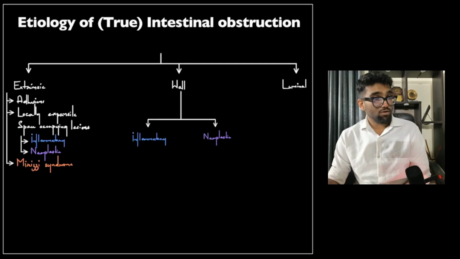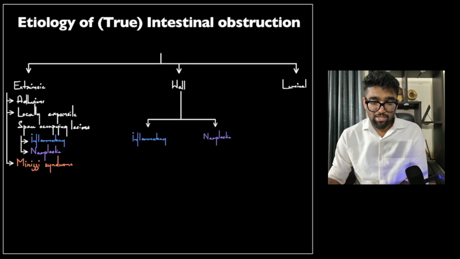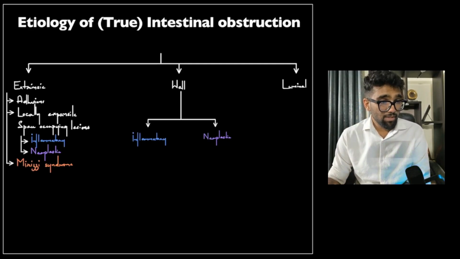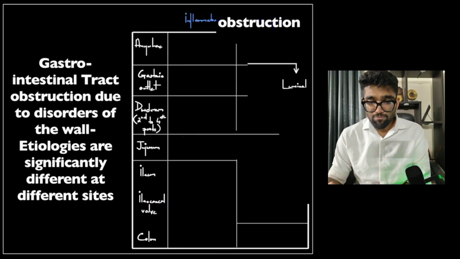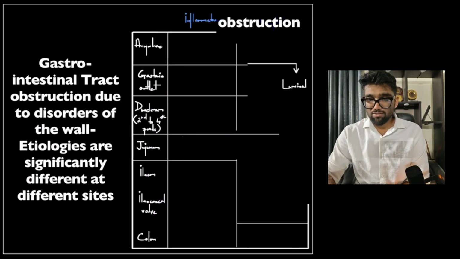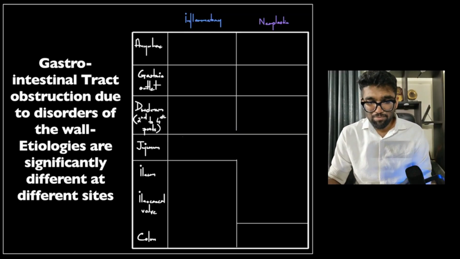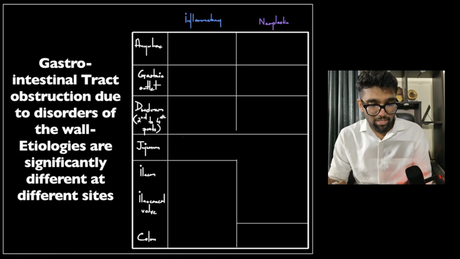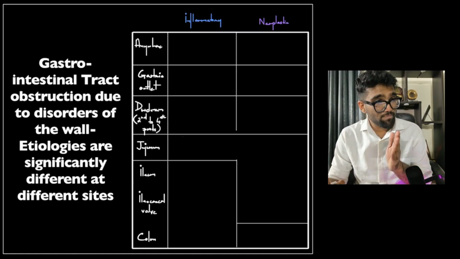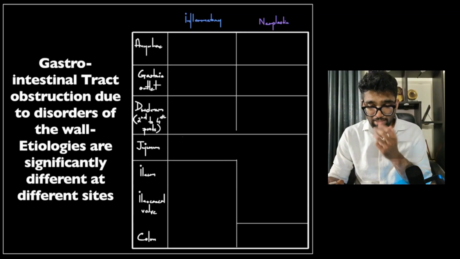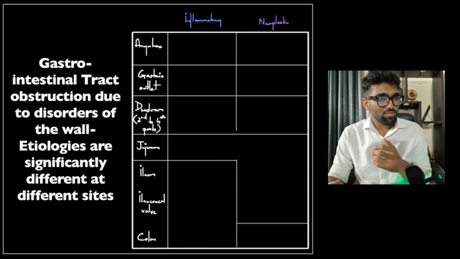Then we have wall involvement, which may in turn be inflammatory and neoplastic. And finally, we have luminal causes, and luminal causes are not something that I'm routinely interested in, because it's always a foreign body. Now, inflammatory and neoplastic pathology differs based on which part of the gastrointestinal tract is affected, because obviously the cellular biology of the different locations of the gastrointestinal tract are different.